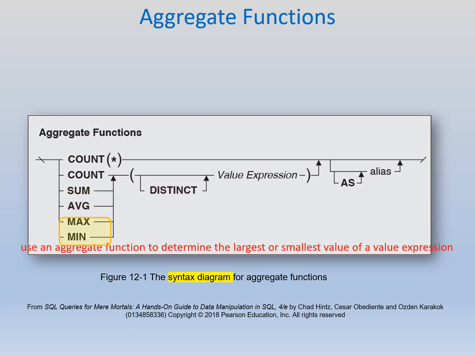Max and min are aggregate functions that we can use to determine the largest or the smallest value of a value set or value expression. Except for count, open parentheses, asterisk, close parentheses, which is count of everything, all aggregate functions automatically disregard null values.